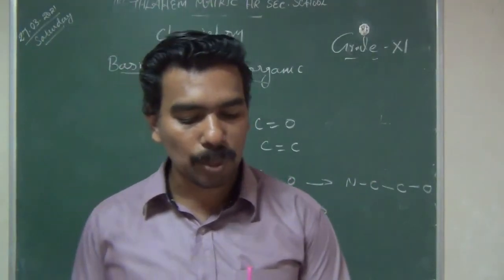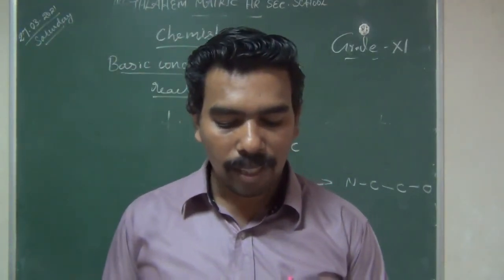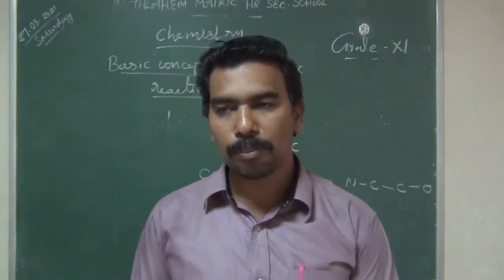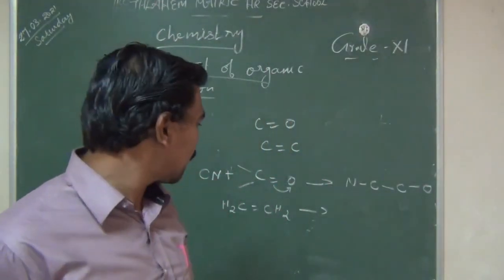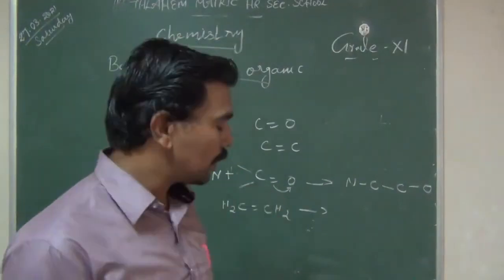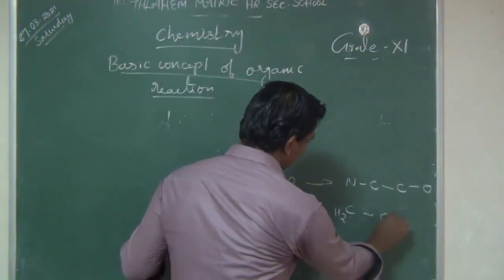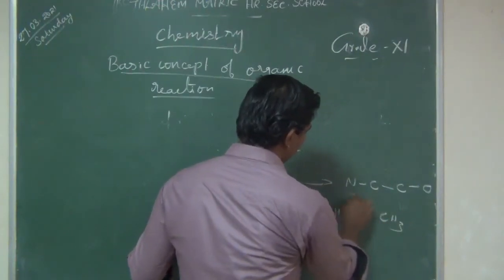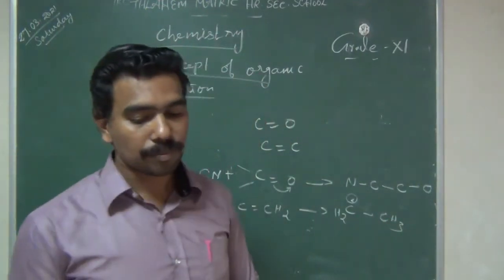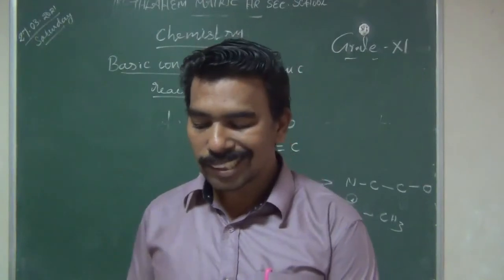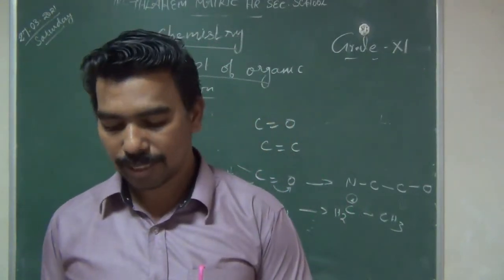When the hydrogen approaches the alkene molecule, the pi electrons are shifted to the electrophile, forming a new bond between the hydrogen and carbon. This is the electromeric effect.